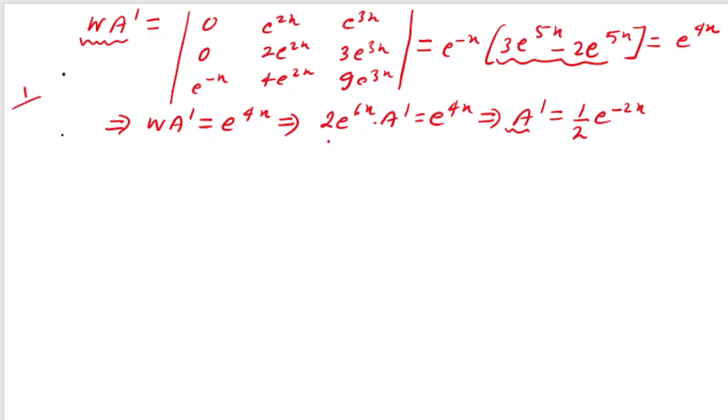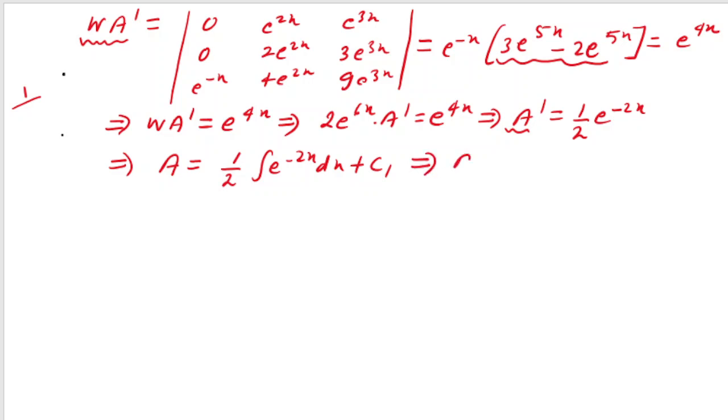So basically, if I have to get A, A dash is the derivative, so if I want to get A, I have to integrate. So if I integrate A dash, I will get A, right, because if I differentiate A, I get A dash. And if I integrate this, it is 1 by 2 integration of e to the power minus 2x dx plus constant of integration.